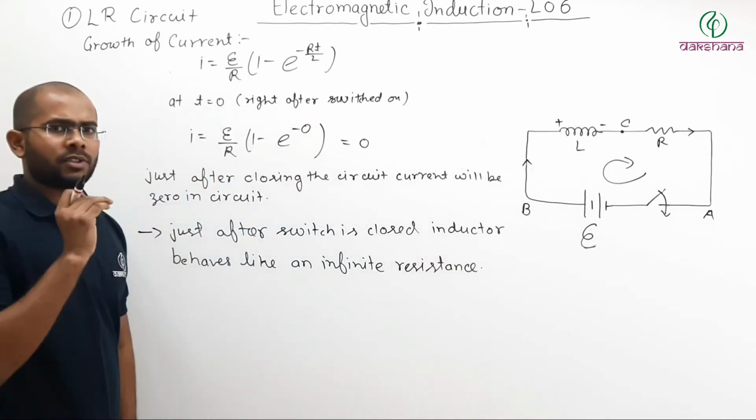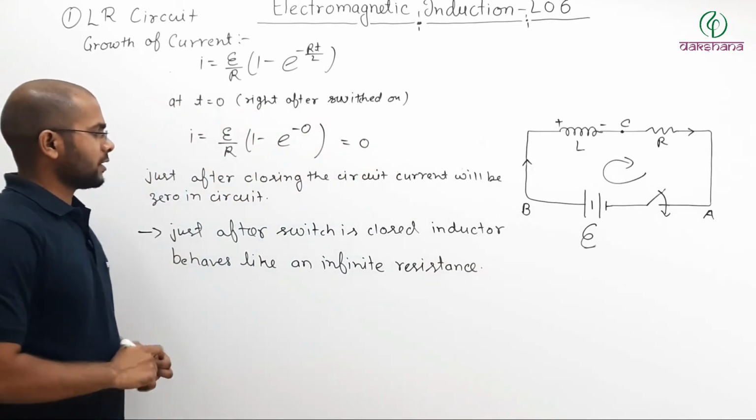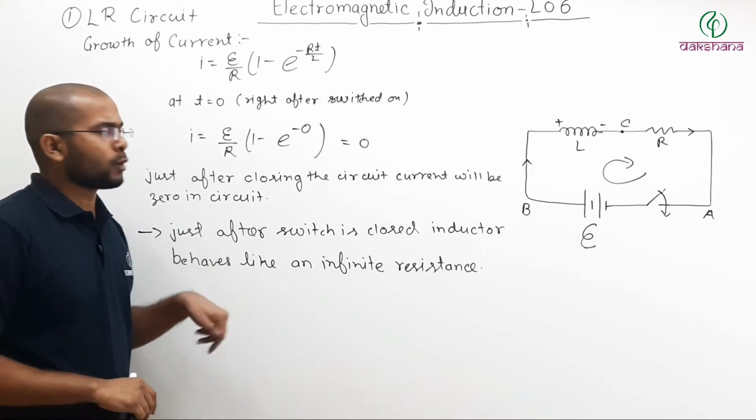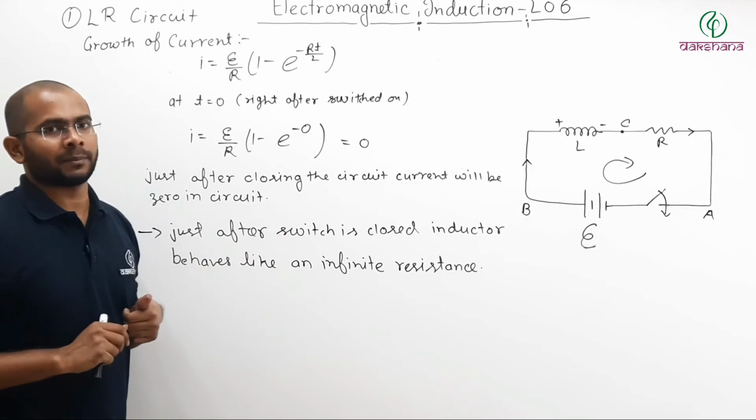We are talking about just after. So just after it will be infinite resistance. Pause the video, note it down. Then we will talk about what happens after a long period of time.